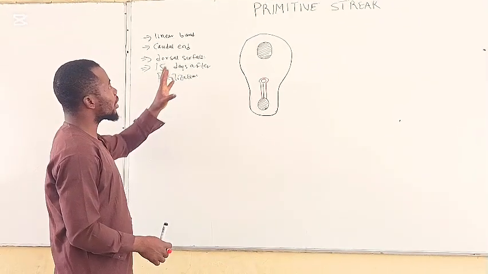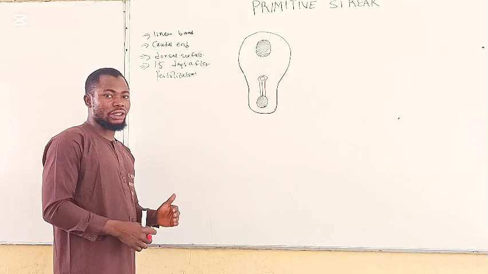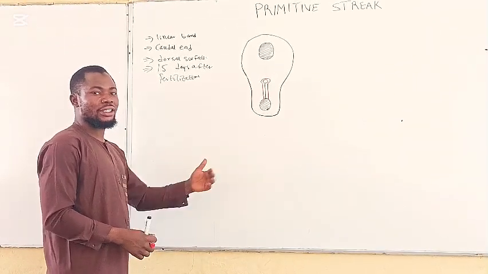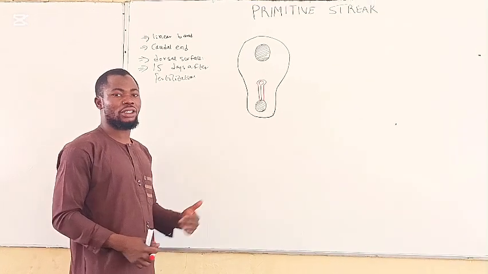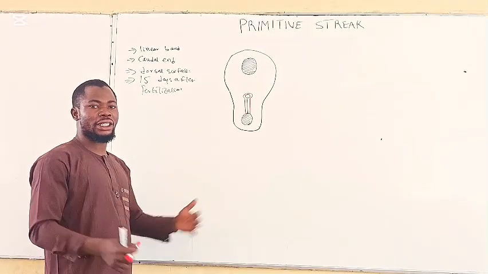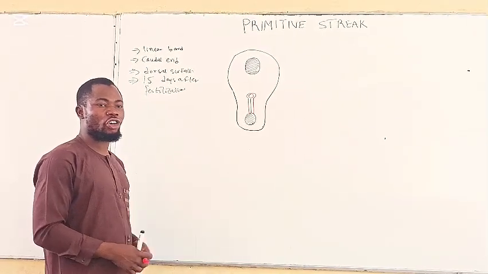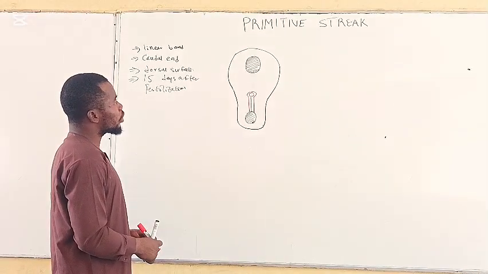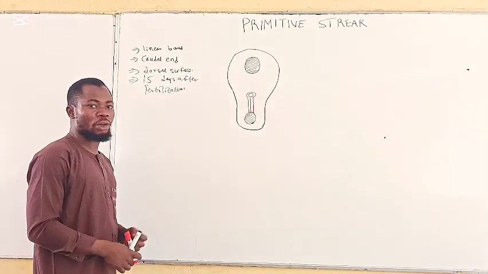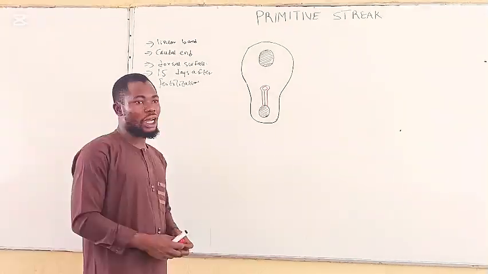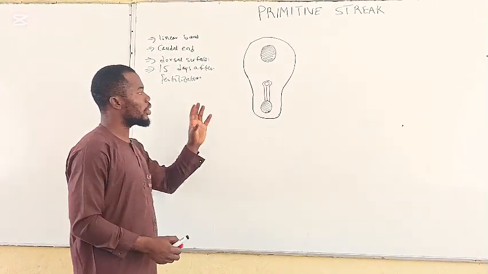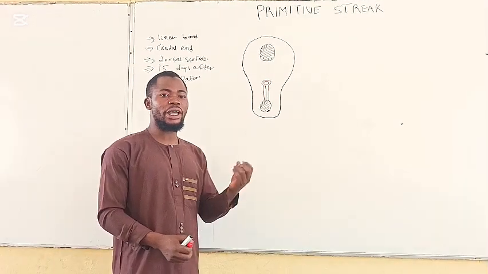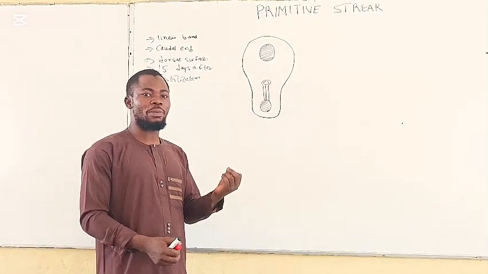After the appearance of this primitive streak, it becomes very easy to know the axes of the embryo, such as the dorsoventral, the right and left halves, and the craniocaudal axis. The primitive streak is formed as a result of the proliferation and migration of the cells of the epiblast.